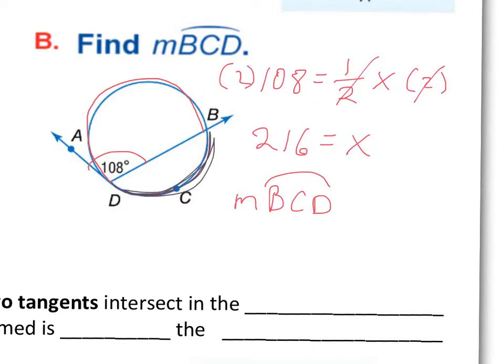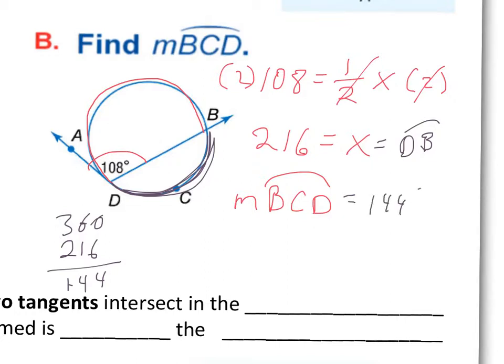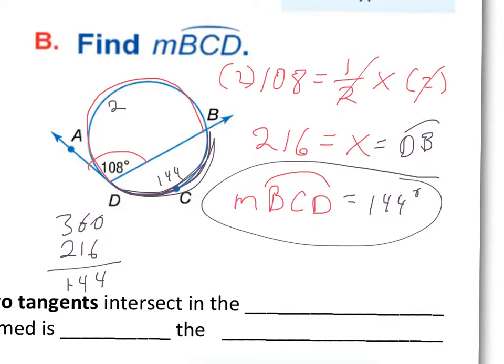So if 216 is arc DB, we have to subtract 216 from 360, which gives us 144. That's the measure of arc BCD. This is 144. The other arc is 216.